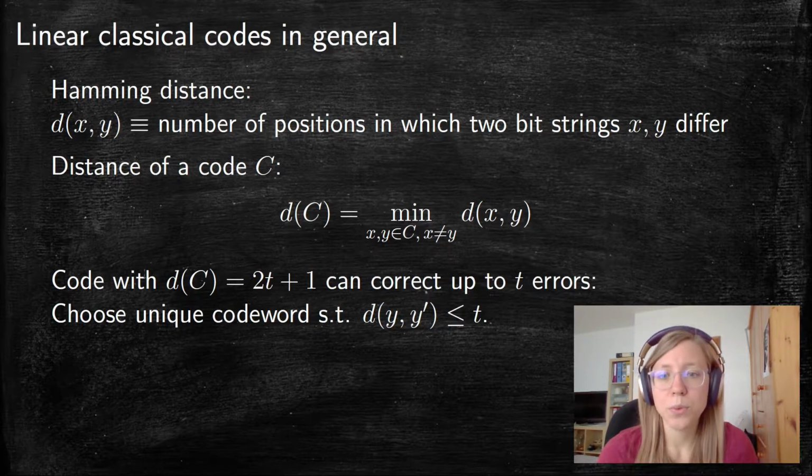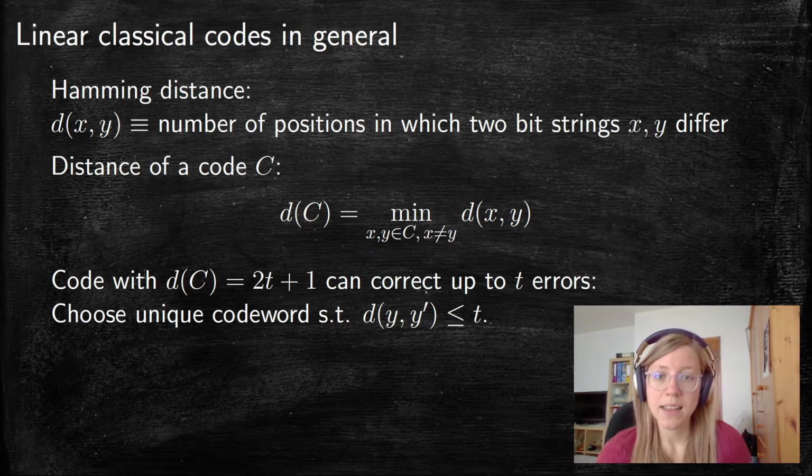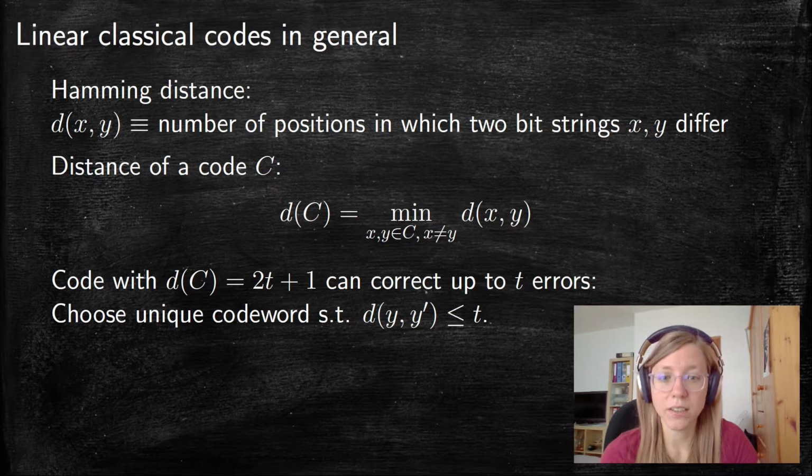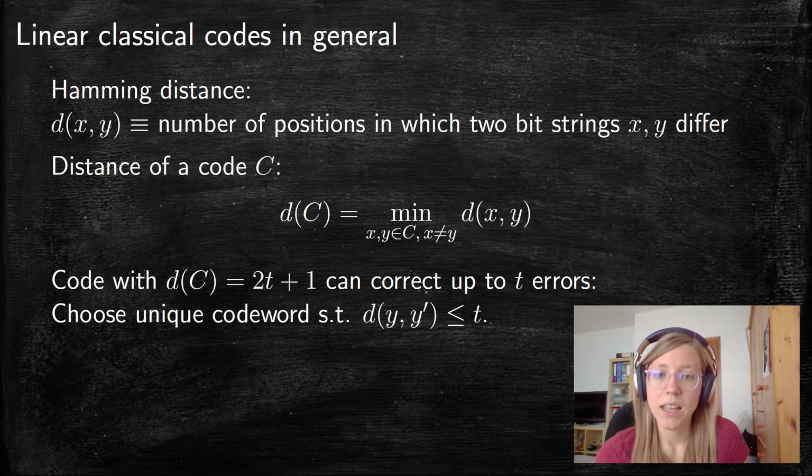Then a code with Hamming distance 2t plus 1 can correct up to t errors. And this works simply by choosing the unique code word such that the Hamming distance is less or equal to t. Or in other words, so that the Hamming distance between the corrupted code word y prime and the actual code word is minimal.